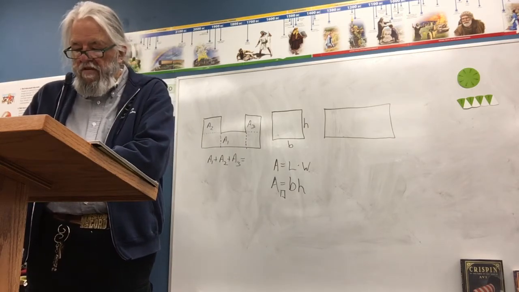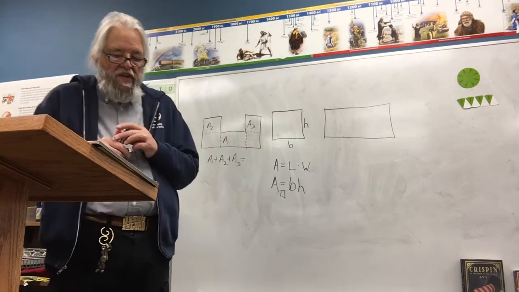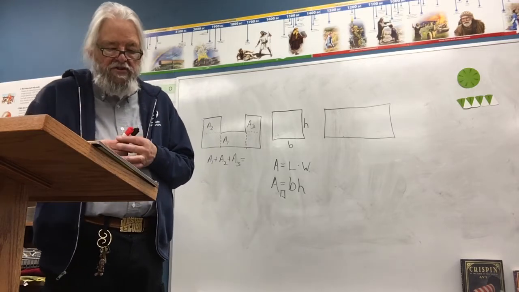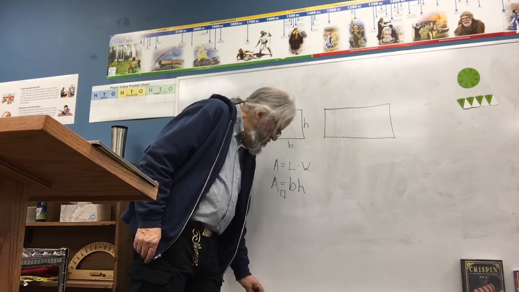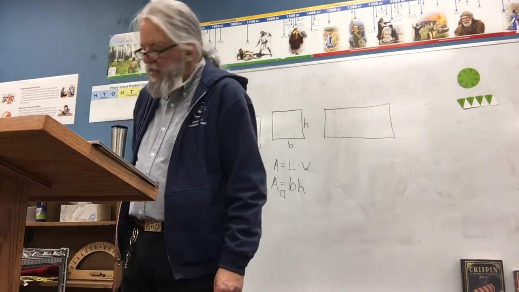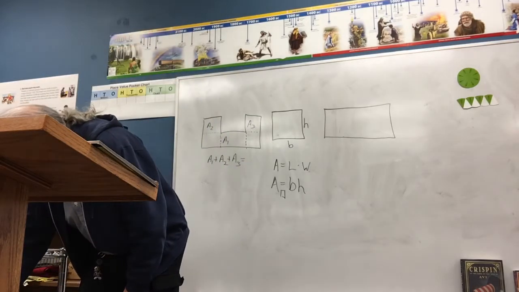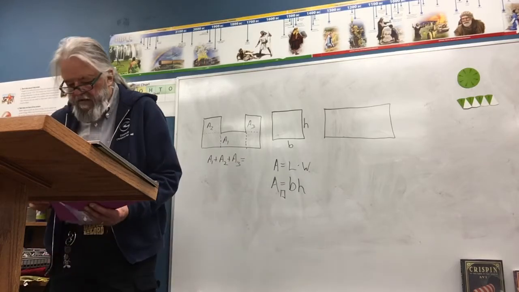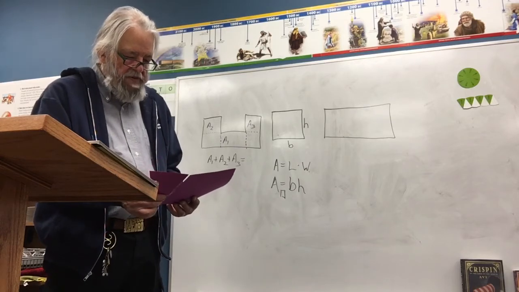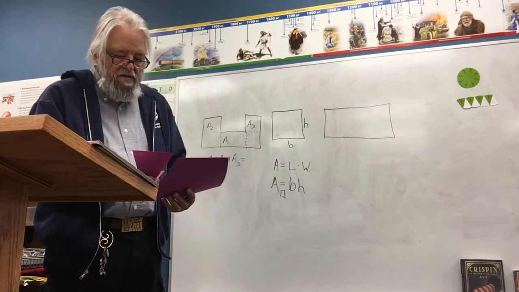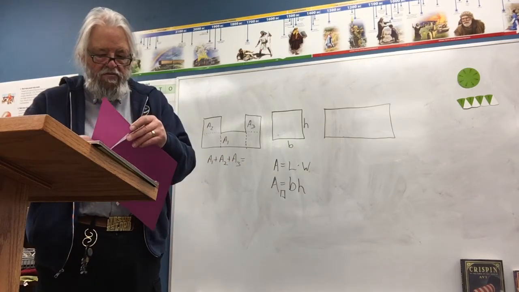All right. So if you turn over to 9.2, which starts on page 288, you're going to see the areas of parallelograms and triangles. So I brought along a couple of visuals here to help us understand parallelograms and quadrilaterals.